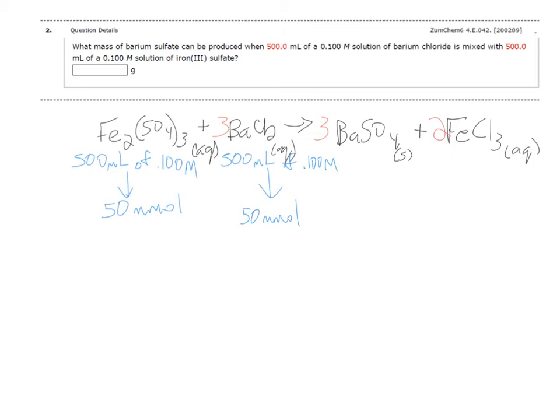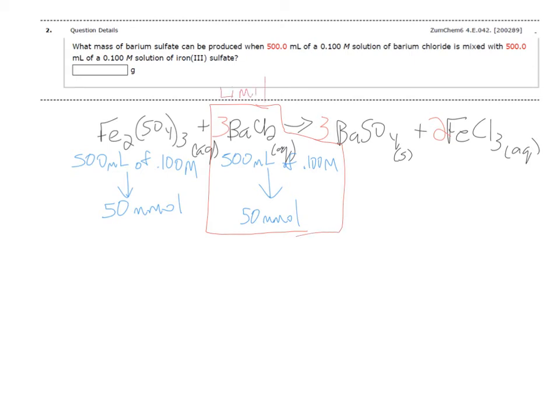Now, conveniently, since the number of millimoles is the same, we can say, all right, one of the reactants has a coefficient 3, and the other reactant has an implied coefficient 1. So the reactant that has the higher coefficient is going to get used up more quickly than the other.